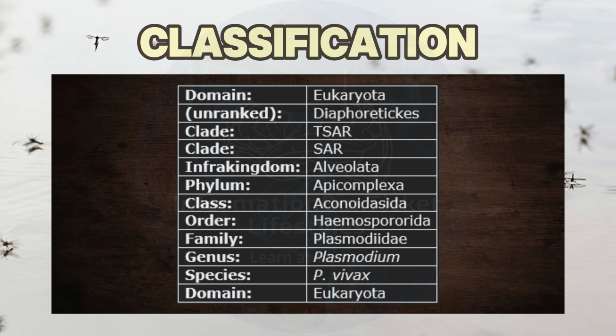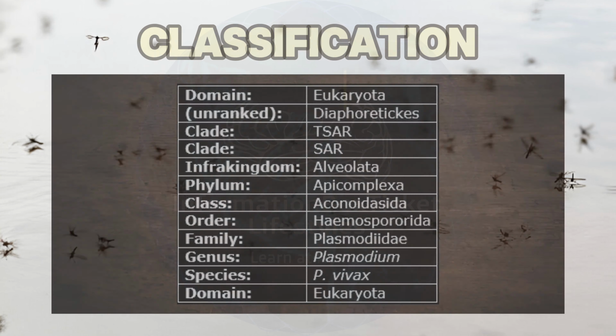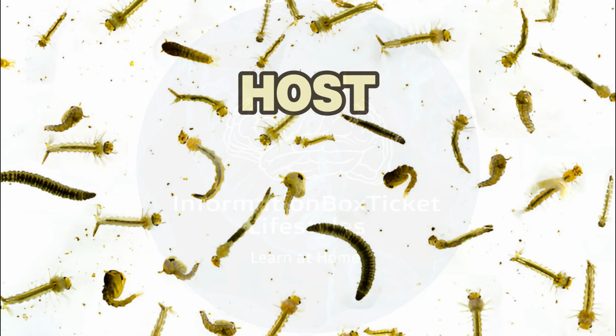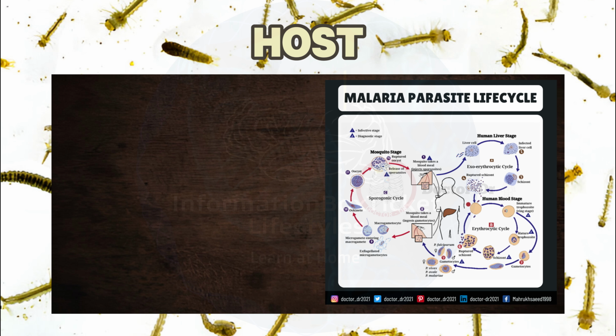It belongs to the infrakingdom Alveolata, which is part of the phylum Apicomplexa. This species is classified under the class Aconoidasida within the order Haemosporida. It is a member of the family Plasmodiidae, and its genus is Plasmodium. The specific species name is P. vivax.